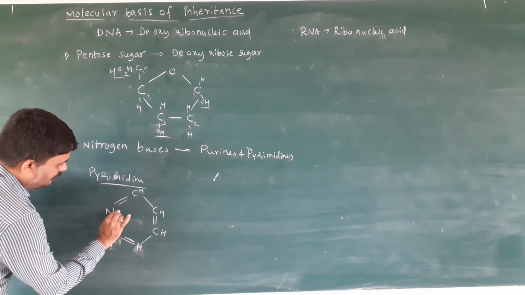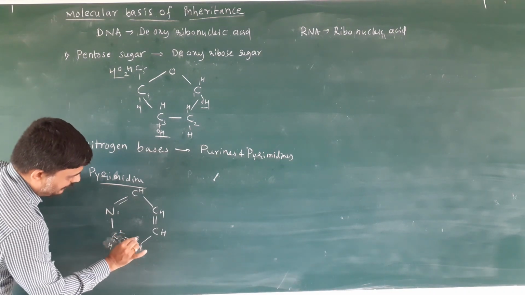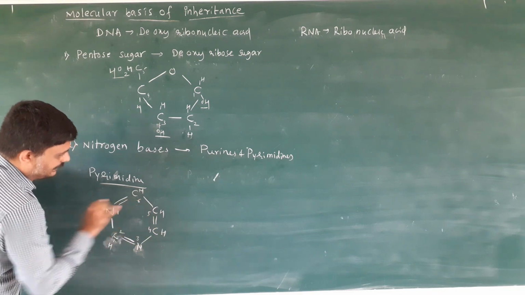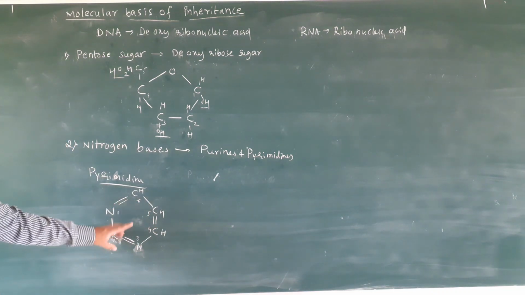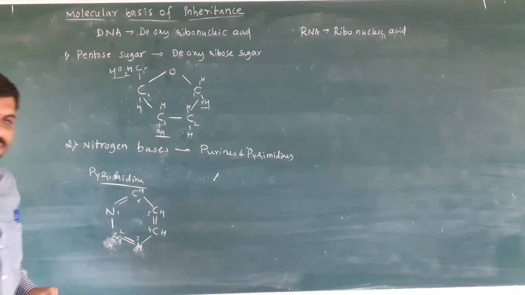See, 1, 2, 3, 4, 5, 6. So this is the basic structure of pyrimidine.